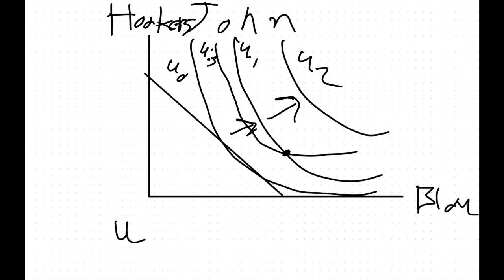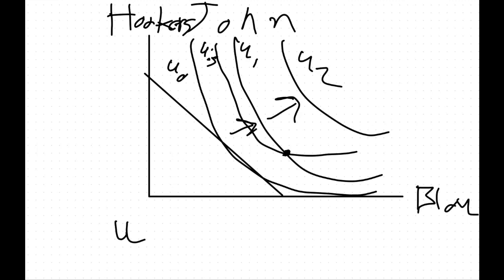You could technically imagine such a function, but it would be weird because U2 on the screen gives you more. It has more hookers and more blow, so it would be weird if it gives the same amount. But you could imagine them having the same utility, even if it would be contrived with the examples on the screen.